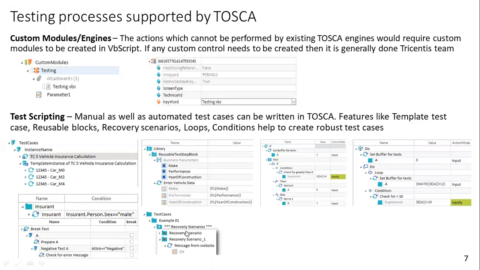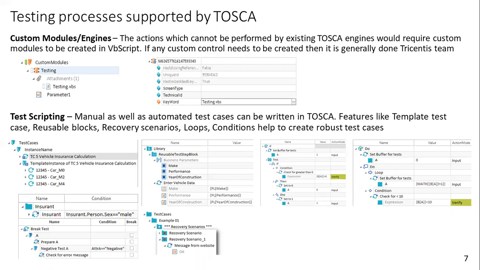Recovery scenarios are required. Even if you know how to identify the test objects, you need to know how these things are done in Tosca. Recovery scenarios are helpful. Let's say you want to run the test cases in night mode, meaning nightly batch runs, and some of the test cases fail due to some reason which you do not know.